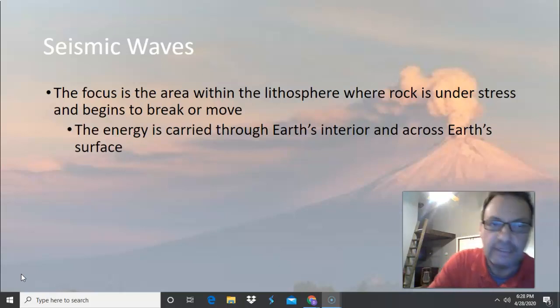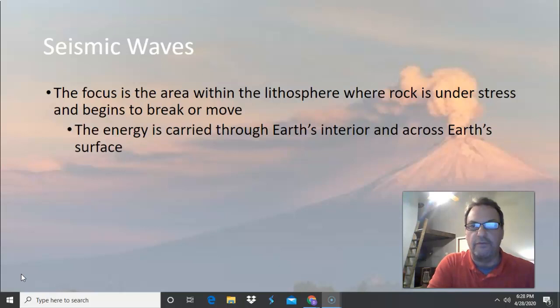But the focus is the area within the lithosphere where the rock is under stress and begins to break or move. So if you think about it, we talked about the transform boundary where there is a strike slip fault where things move side to side. It's because they're rough. They're not totally smooth and they don't just slide and keep on sliding.